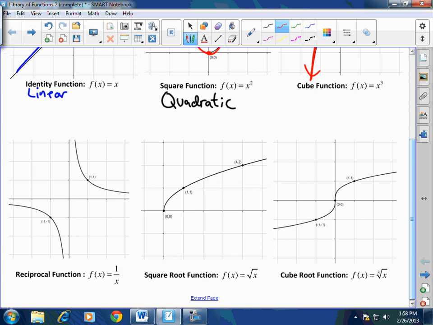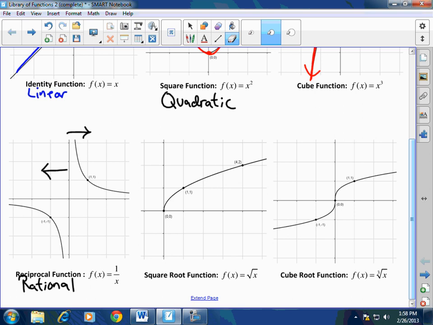Now, the reciprocal function is also known as a rational function. Remember, we already solved rational functions where x is in the denominator. For this one, they choose one value to the right of the y-axis and one value to the left. 0 in this case cannot be used because I cannot have a 0 in the denominator.